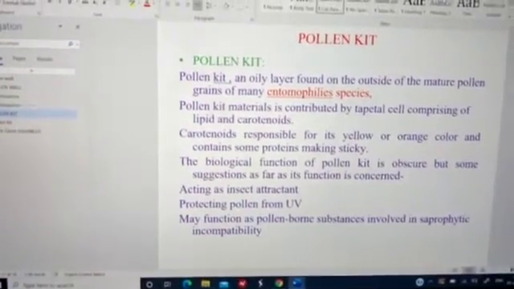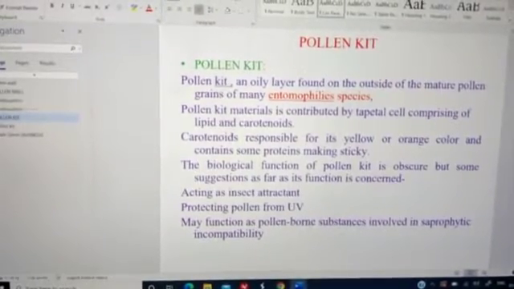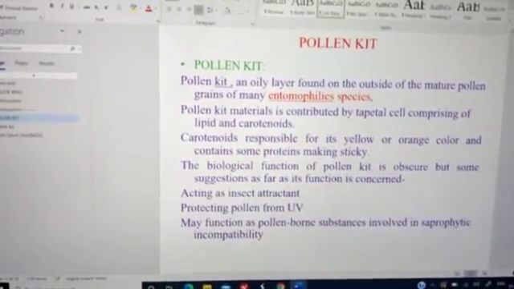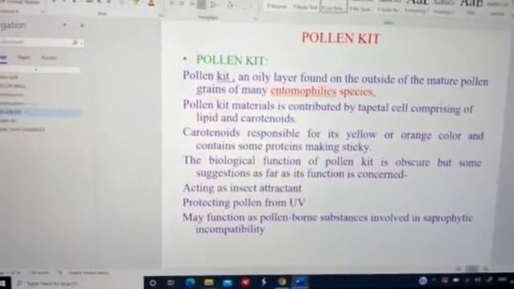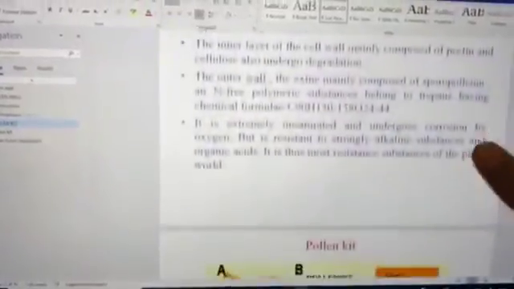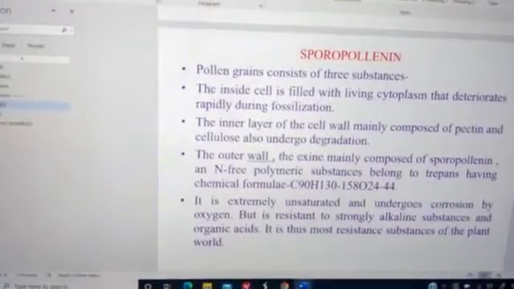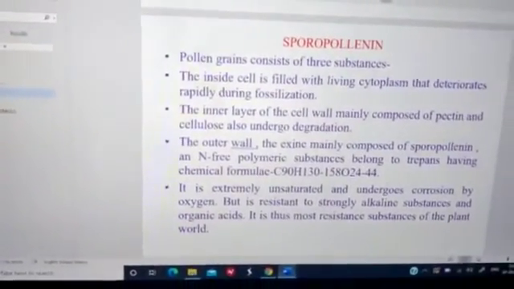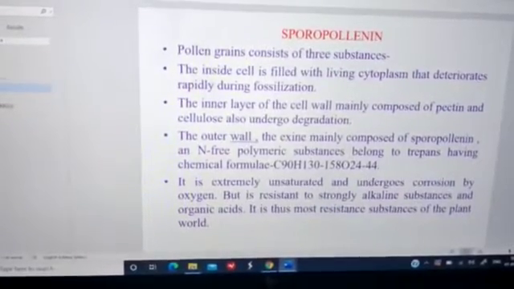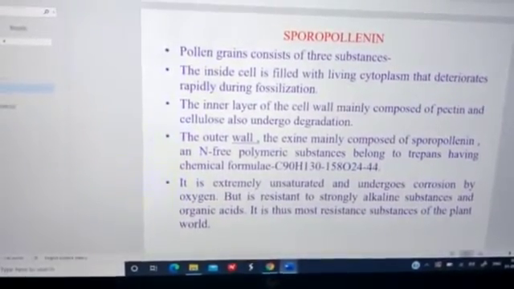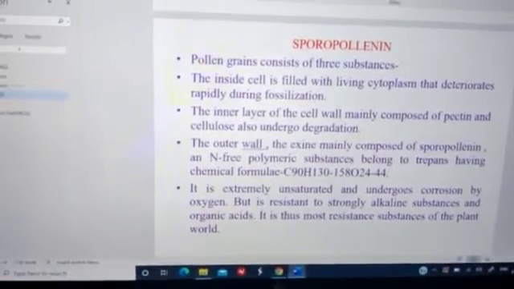Here we have discussed the pollen kit, and now sporopollenin, as we have discussed many times. The pollen grain consists of three substances. The inside cell is filled with living cytoplasm that deteriorates rapidly during fossilization, and the inner layer of the cell wall, mainly made up of pectin and cellulose, pectocellulose, also undergoes degradation. The internal part of the pollen grain may degrade in due course of time during fossilization.